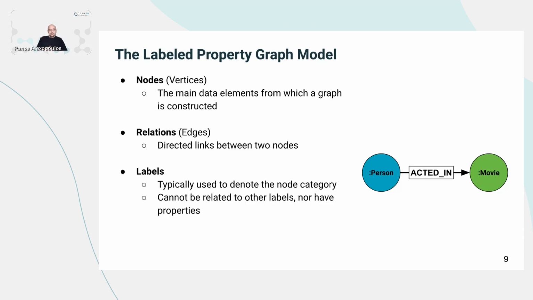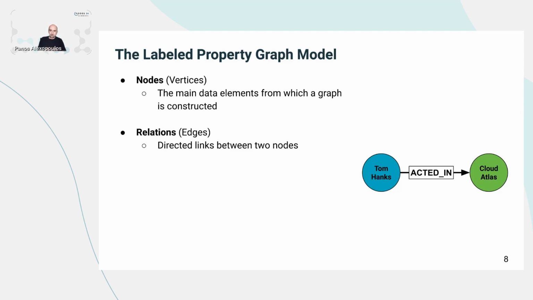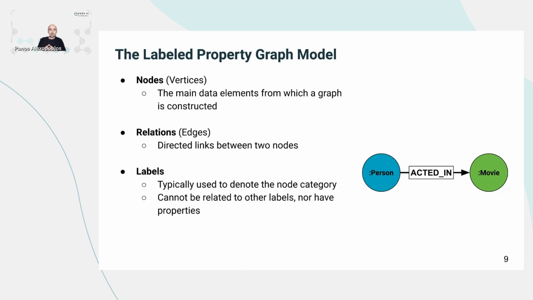The third component is labels, hence the name label property graphs. A label is a convenient way to characterize a node, to denote the node category mainly. So if we want to say, for example, that Tom Hanks is a person, we can put a label Person on that node, and the same we can do for Cloud Atlas, put a label Movie.